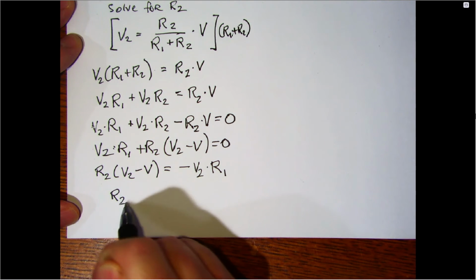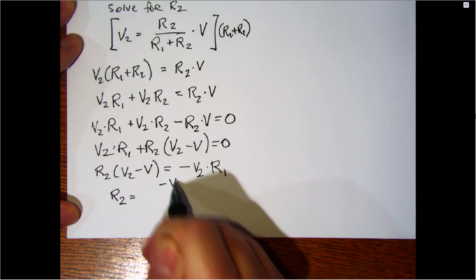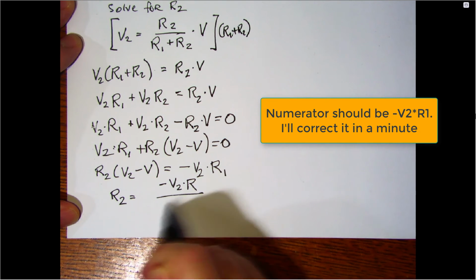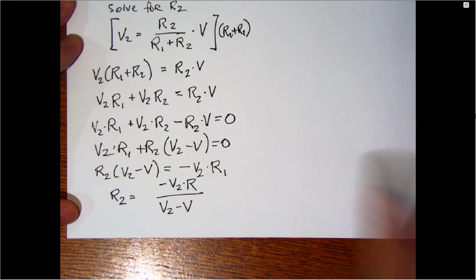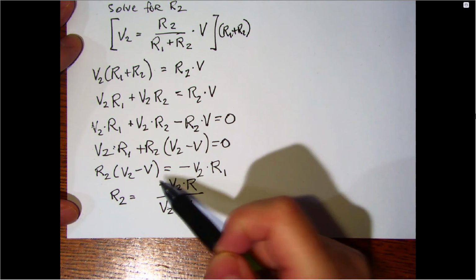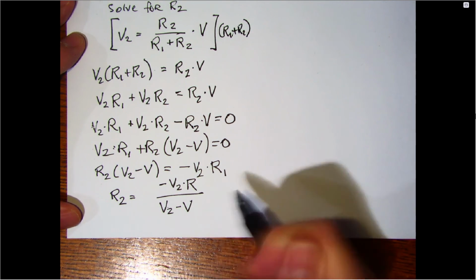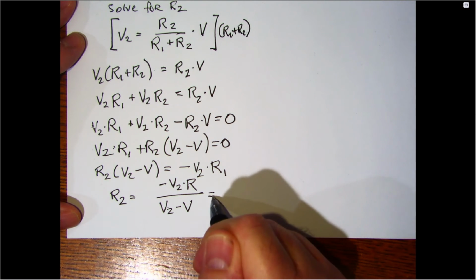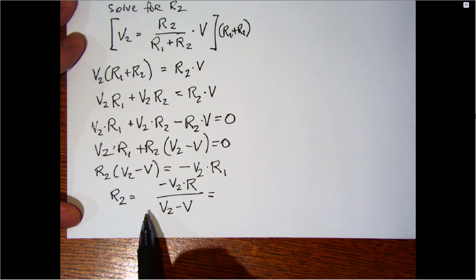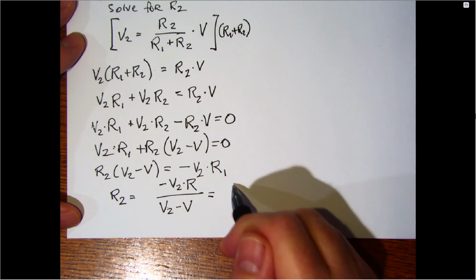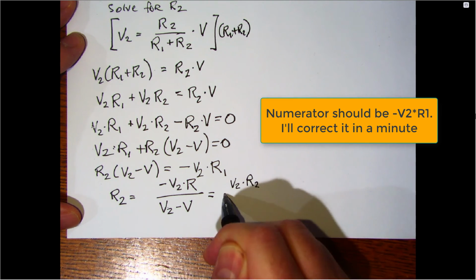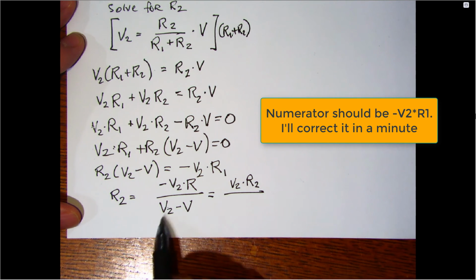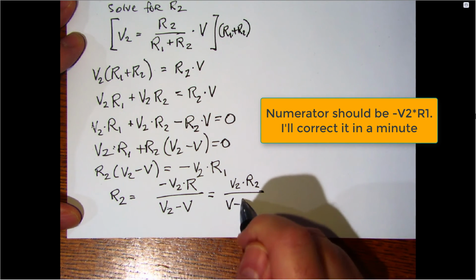R2 is equal to minus V2 times R1 over V2 minus V. But in general, we don't want to have a negative out there in front. Why not just get rid of it? So I'm going to multiply the top and the bottom by -1. That makes the top positive, and it reverses these two, so I'm going to have V minus V2.